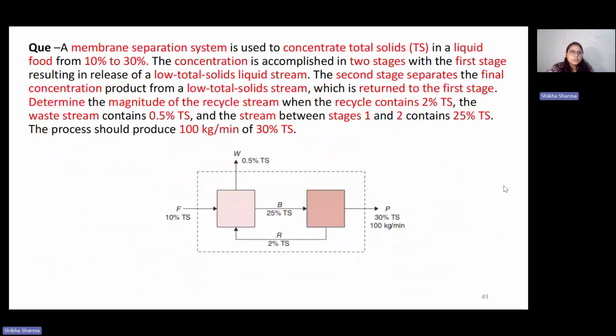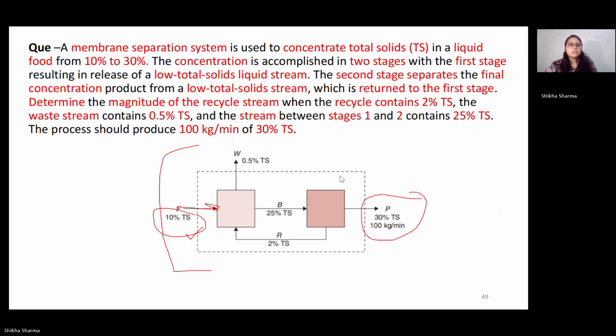Okay, let's see the next question. A membrane separation system is used to concentrate the total solids in a liquid food. So there is a liquid food with 10% total solids, and we are using a membrane separation system to concentrate this liquid feed to 30% total solids.